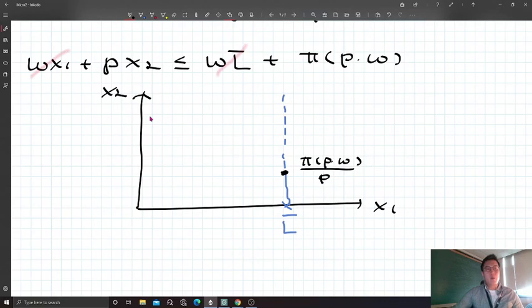What if x1 is 0? If x1 is 0, then x2, the maximum consumption of the good, is wL bar plus profit divided by p. So clearly this point is going to be higher than this point. And then we can draw these two points to find the budget line.